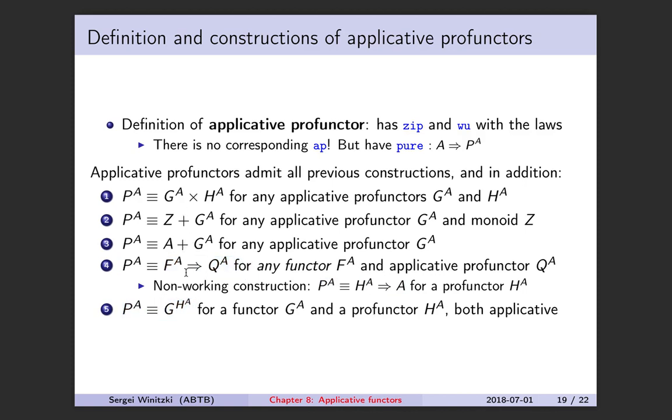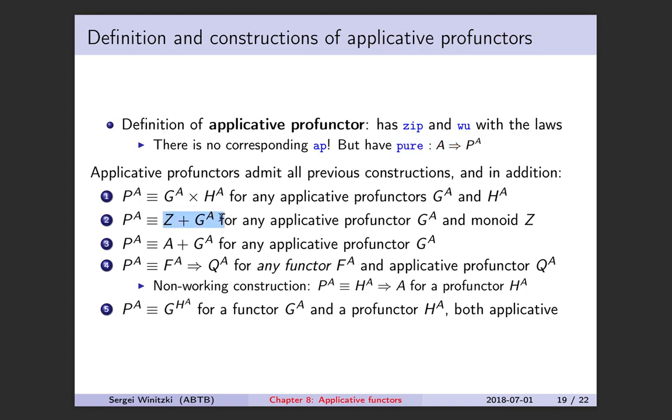In order to find that they work, you don't need any more proofs, actually. You just look at your old proofs, and you find that you aren't using the property of G as functor or contrafunctor or anything. You don't use map on G when you do these things. You don't use contramap either. In this construction you use pure. But you have pure for the profunctor.